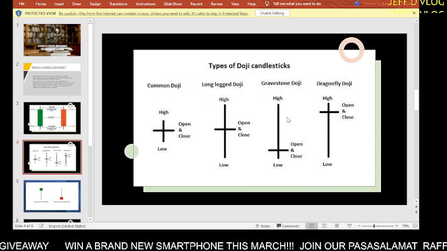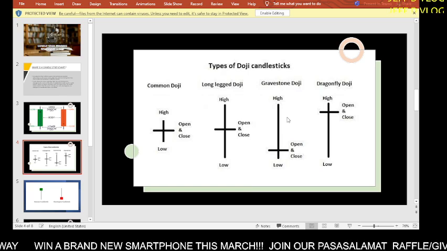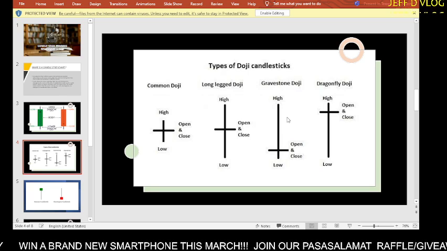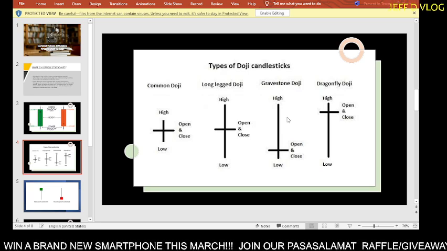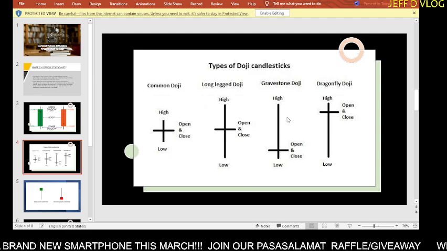Meaning the following candles, with high possibility, will become red or bearish.